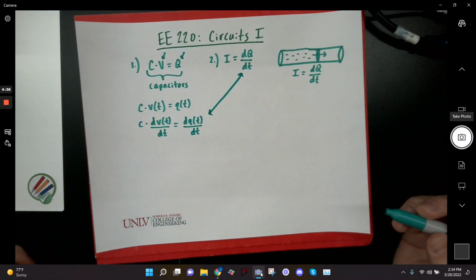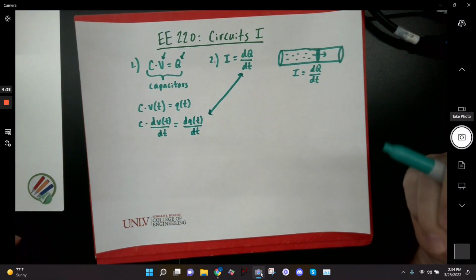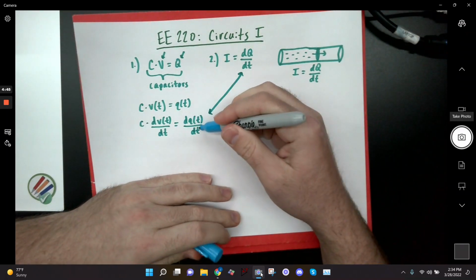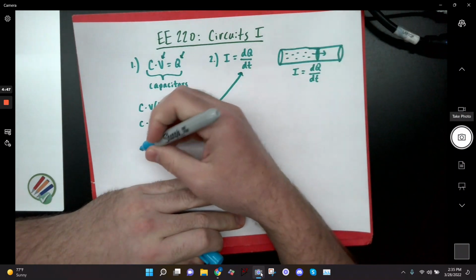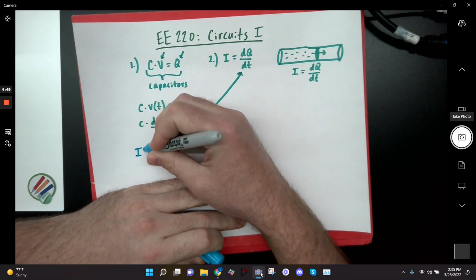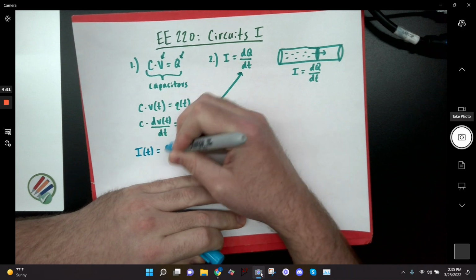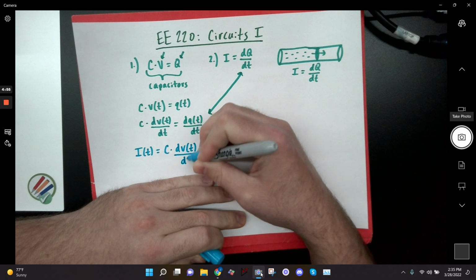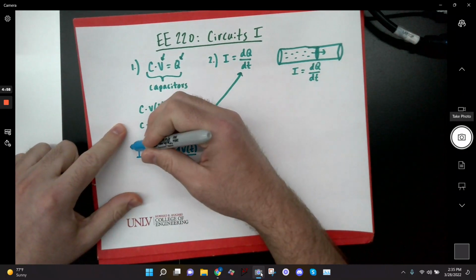So this is where I get my equation for the current through a capacitor, which we haven't talked about yet. If I replace this dq(t)/dt by i, I get that i(t) is equal to C dV(t)/dt, and this is very, very important.